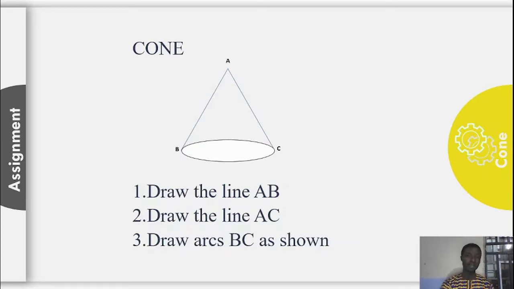This area on the diagram is a curved surface. Okay? It goes round, just like what I have here. Okay? Goes round. Okay? This is an example of a cone.